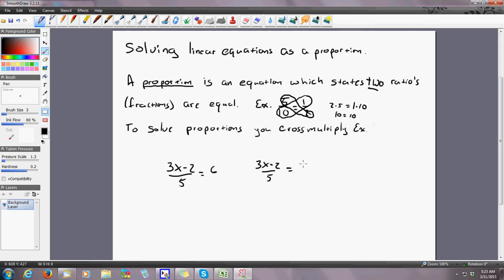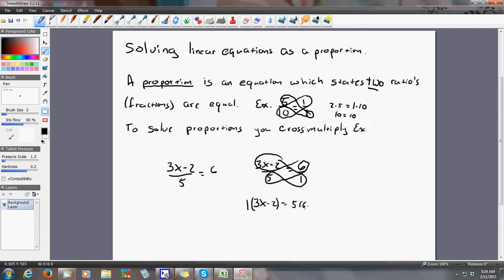I'm not going to call it 6, I'm going to call it 6 over 1. I'm going to cross multiply, and I get 3x minus 2 times 1 equals 5 times 6, which gives me 3x minus 2 equals 30.